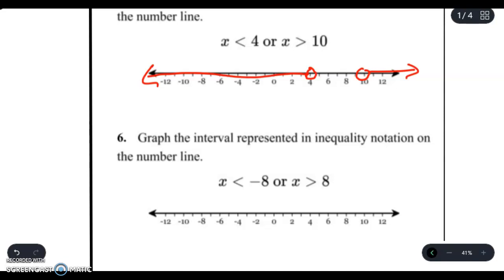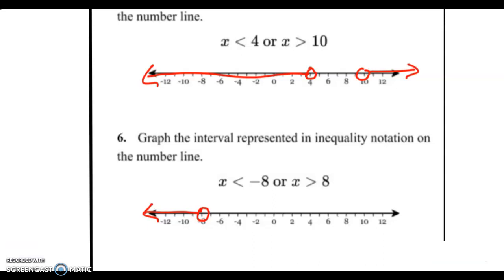Alright, now here's another one. x is less than negative 8, and just simply go to negative 8 and go to the left. And you have x is greater than 8, and you go to the right.